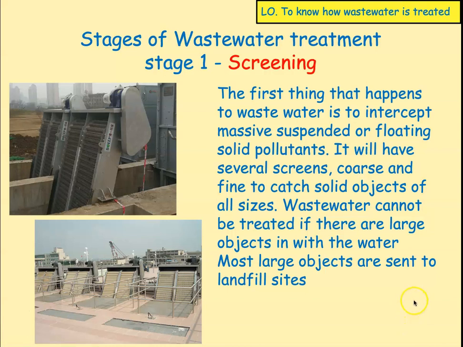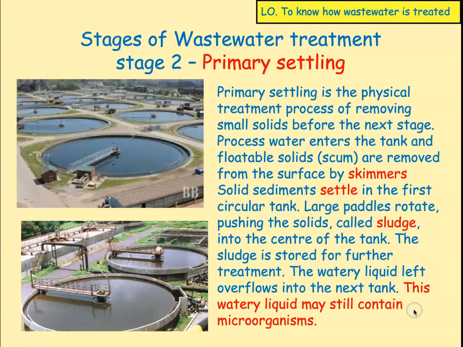A pollutant is something that you don't want there. It will have several screens, coarse and fine, so the holes will be different sizes, to catch solid objects of all sizes. Wastewater cannot be treated if there are large objects in the water, and most large objects are sent to landfill sites. So it's to remove the solid objects.